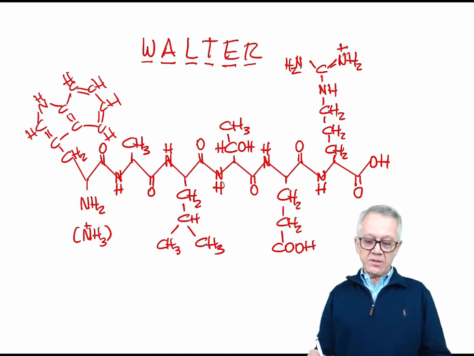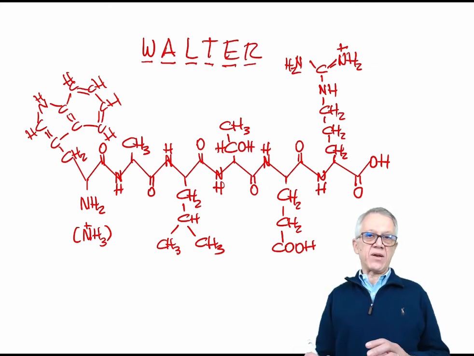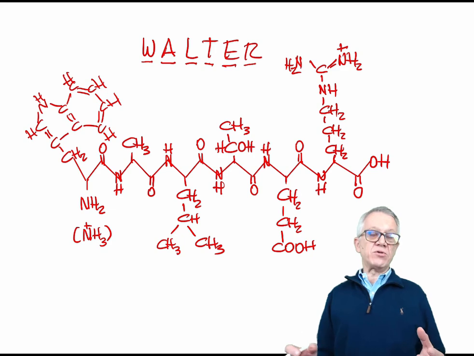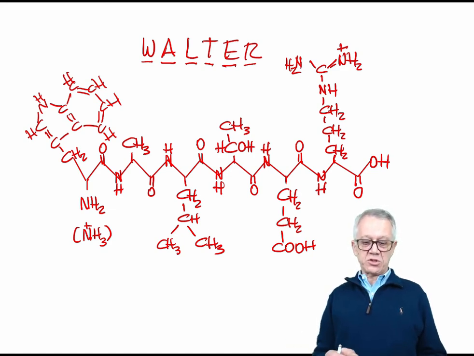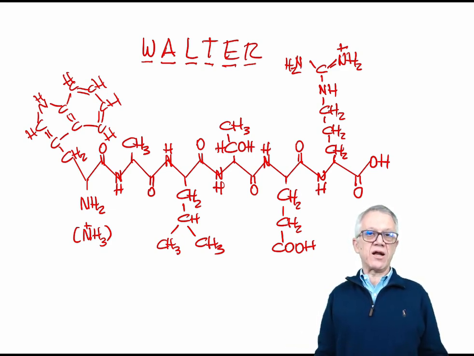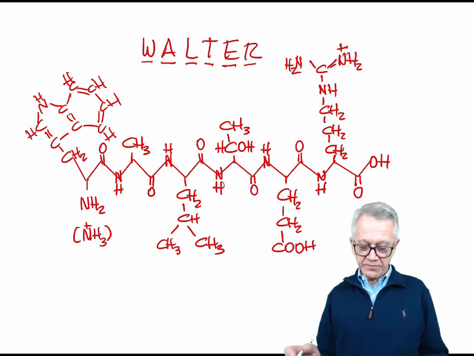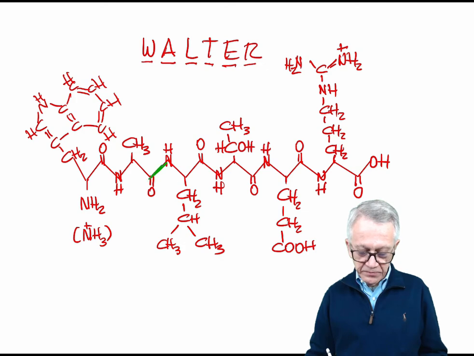Now, another important issue is to know how to highlight a plane where the peptide bond is, to pick up one of them. There are 6 amino acid residues. There are 5 possible planes in here. So let's pick up one of them. So let's pick up this one.